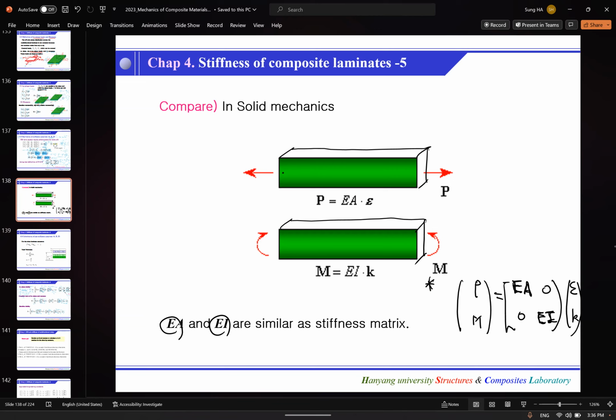Now, depending on some layups for the beam, something like this, we may have a different material property like this, and a different material property like this. Then this EA is no longer just one ply property.